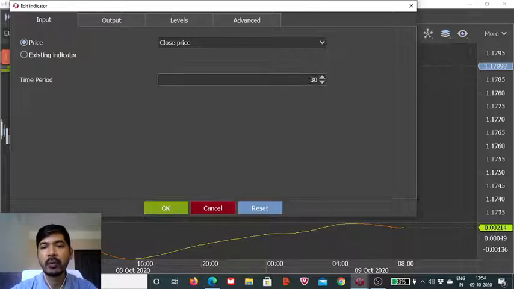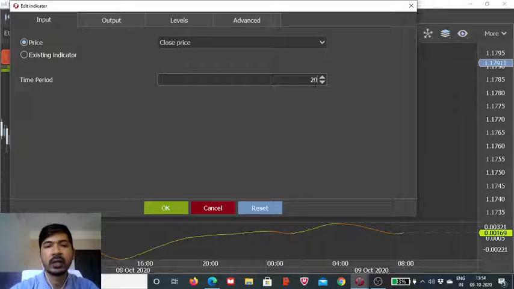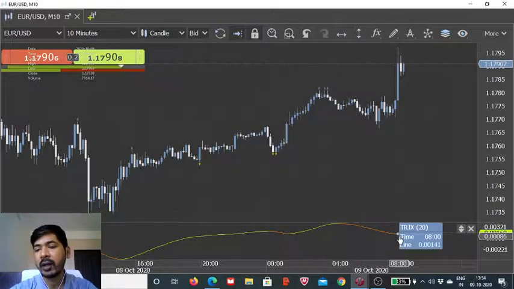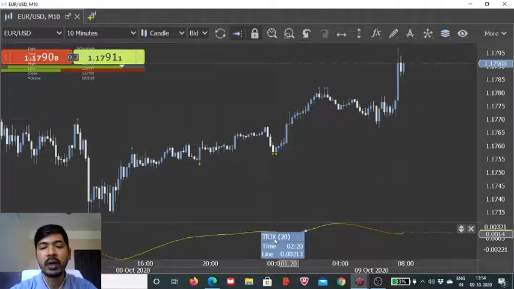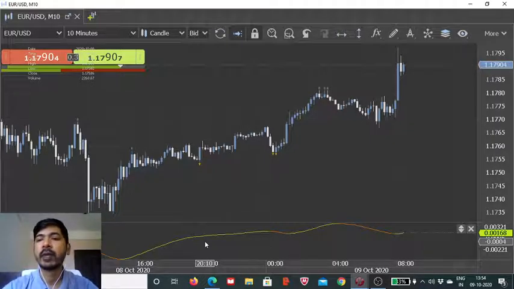For example, if you want to lower the time horizon on which the TRIX is going to be calculated, you can reduce that. You can make it, for example, 20, you can make it 10, you can make it 5, and the shorter the duration on which the calculation is being done for the TRIX, the more responsive the TRIX values will be to the recent price change.